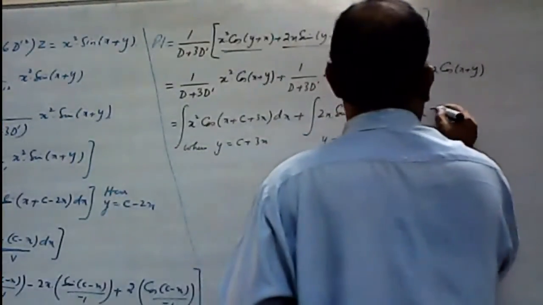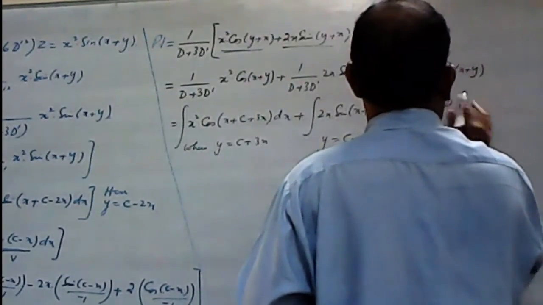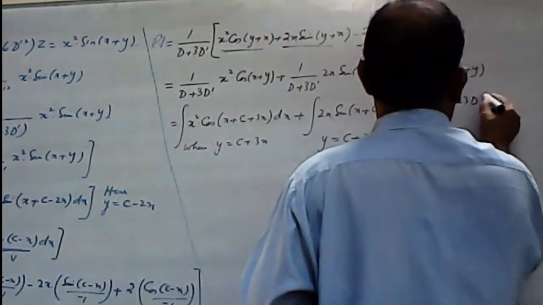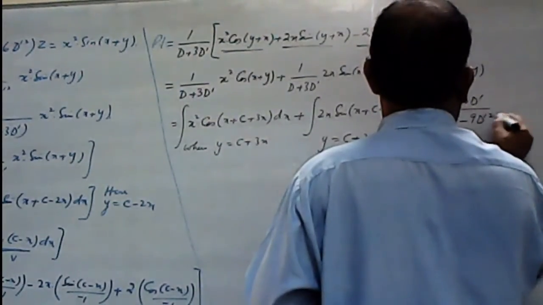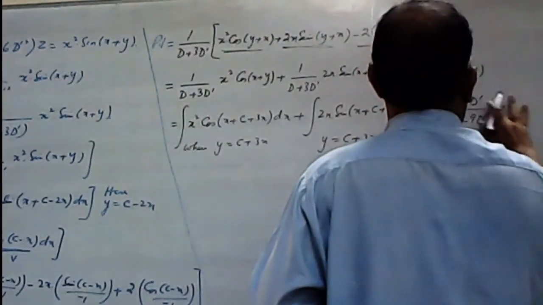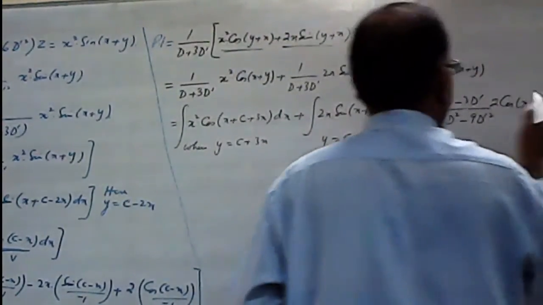And here applying method number 2, rationalizing, 3D dash upon (D square minus 9D dash square) of 2 cos(x plus y).